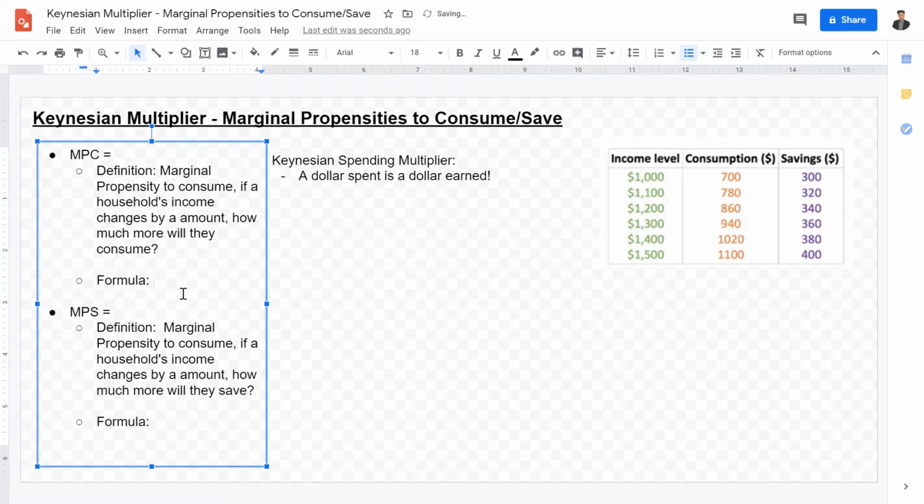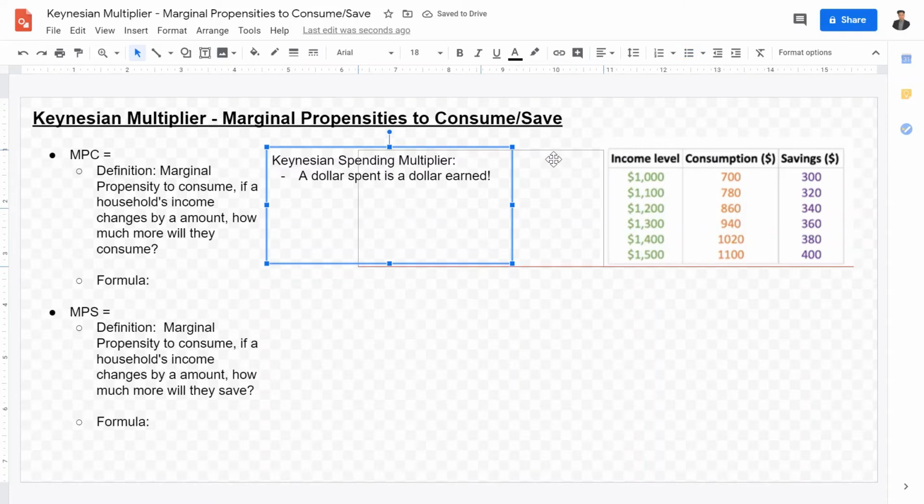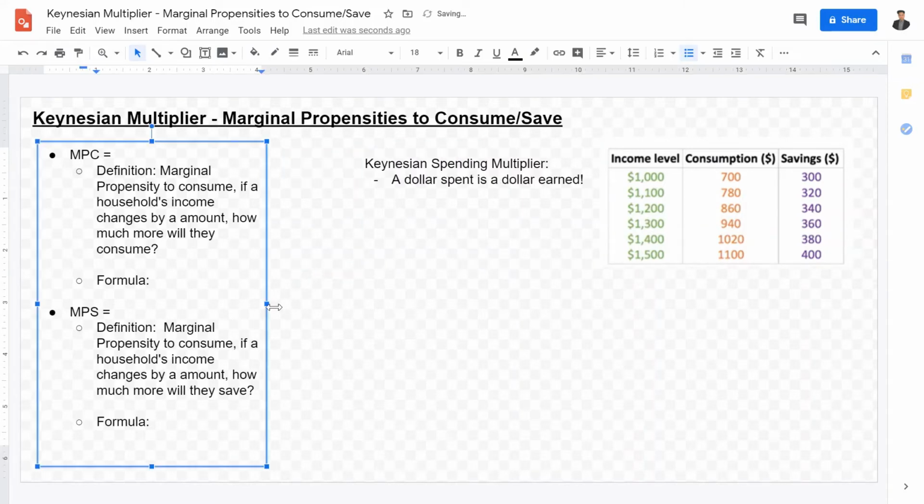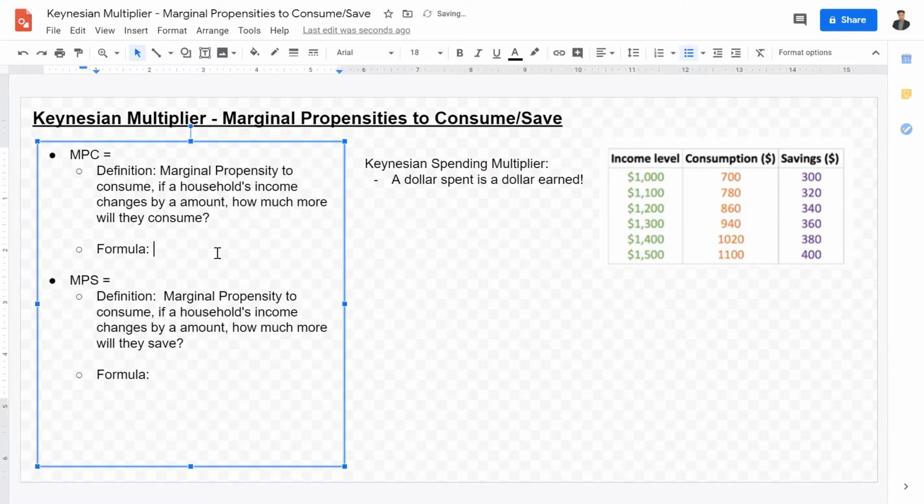The formula to calculate this is actually quite simple. What gets tricky is later on. The formula to calculate MPC is just the change in consumption, or change in C, divided by change in Y. And as we remember, Y stands for income, because I stands for investment in macroeconomics already.